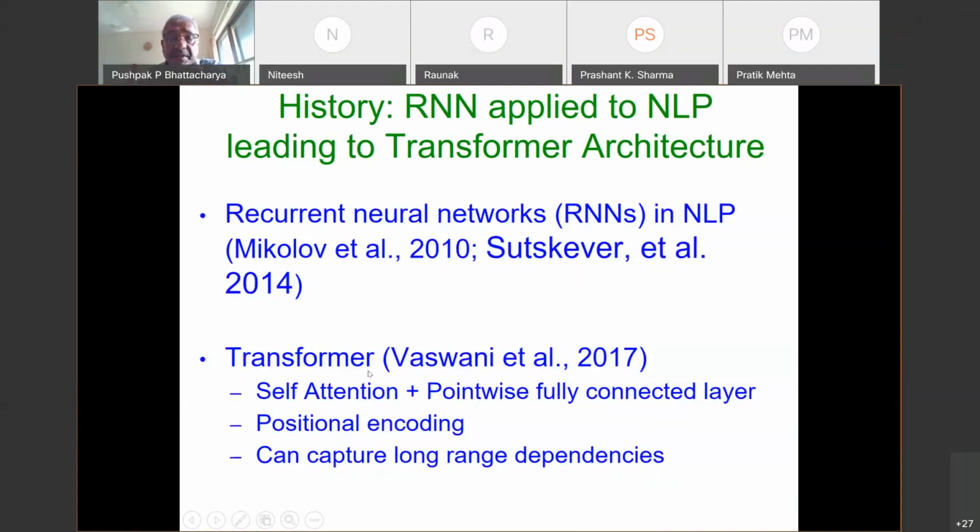So attention was introduced by Bahdanau first of all, but this refinement of Bahdanau's architecture by powerful stacks of attention came in 2017 and was found to be very successful in machine translation. So Google's neural machine translation is based on transformers. This was a paradigm shift from statistical machine translation.